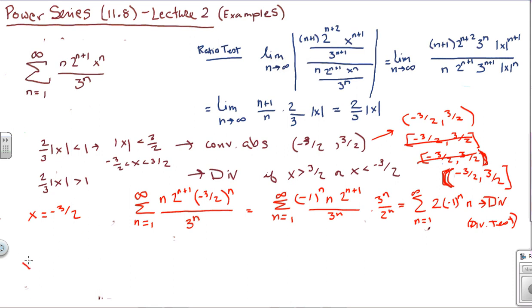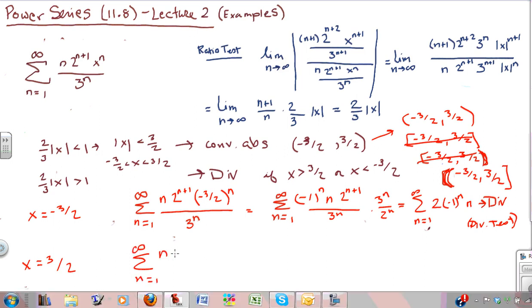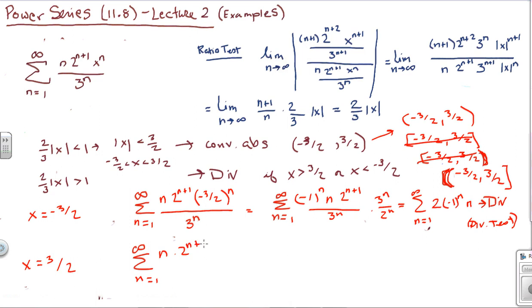Okay, so let's try x equals 3/2. That's going to be the sum n equals 1 to infinity of n times 2 to the n plus 1, times 3/2 to the n, over 3 to the n. And when we multiply and cancel things, we're going to end up with 2n there, right?